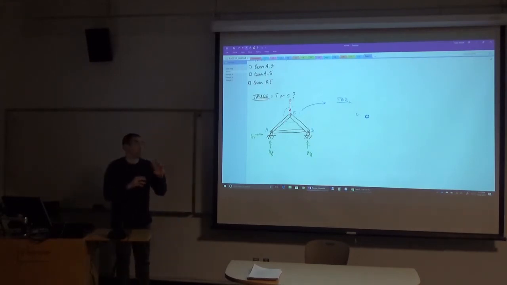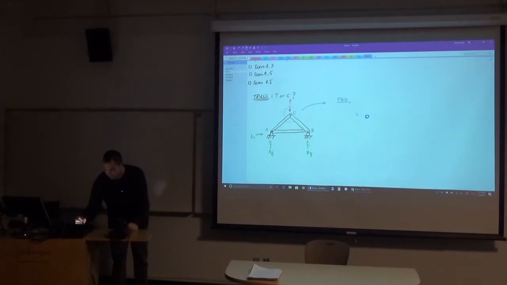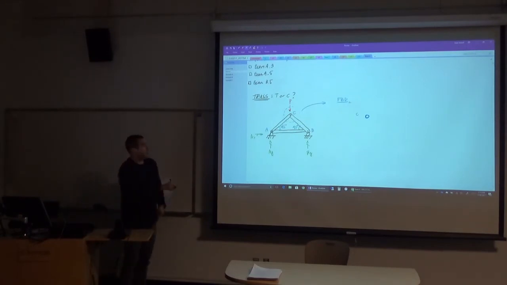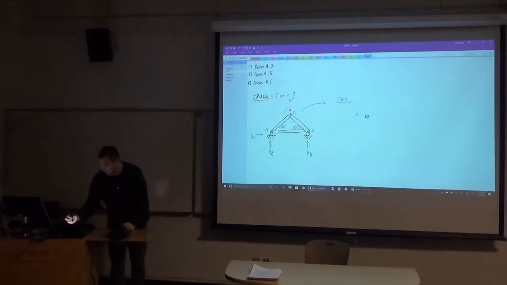And I guess you could also say the sign as well, and that's where this tension compression discussion comes into play. But just from a geometry standpoint, let's assume that this is a 45-90 triangle. I'm going to draw the force in member AC coming in or out of this joint C, and so the direction I know, that's going to be 45 degrees. And it's going to be the same thing for this other member.